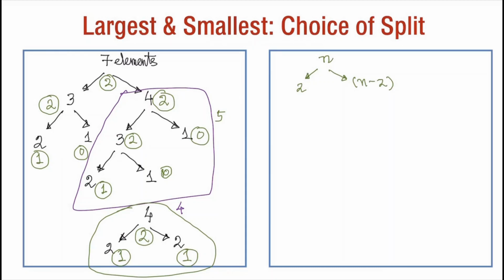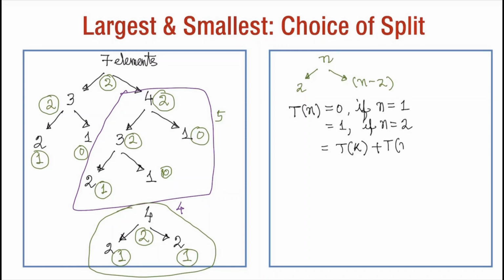Let us write down the generalized recurrence relation. The generalized recurrence relation is Tn is equal to 0 if n is equal to 1, is equal to 1 if n is equal to 2, and is equal to Tk plus Tn minus k plus 2 if n is greater than 2.